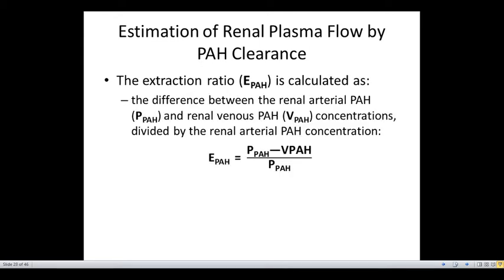The extraction ratio of PAH is calculated as the difference between the renal arterial PAH and renal venous PAH concentrations divided by the renal arterial PAH concentration.